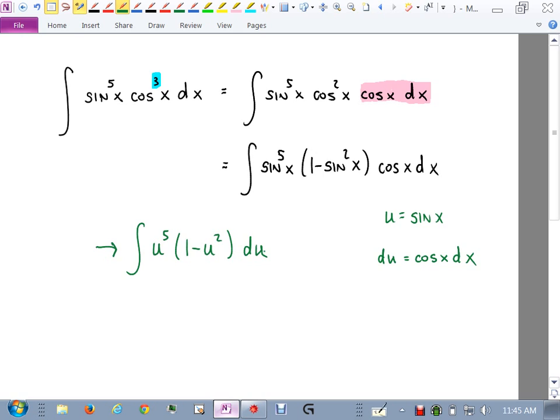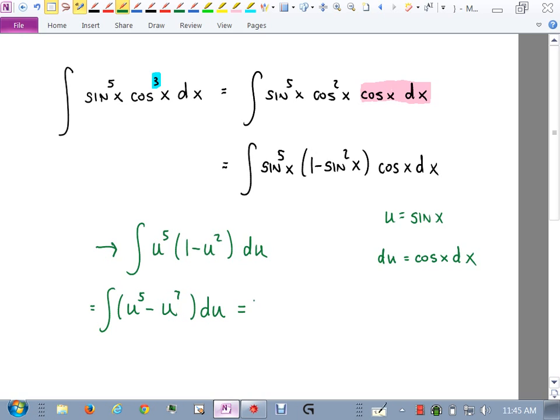And that's a polynomial in u. So I can clean it up and then do integration term by term, can't I? So this becomes integral u to the 5th minus u to the 7th du.